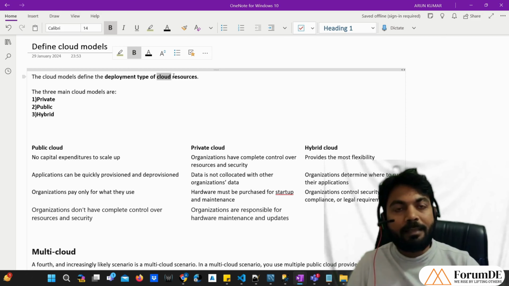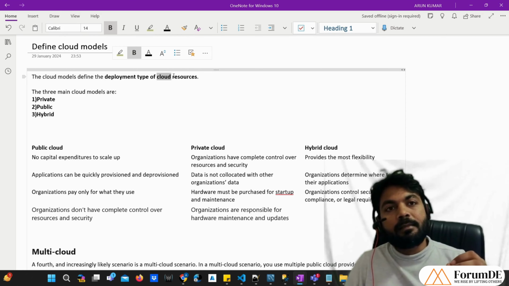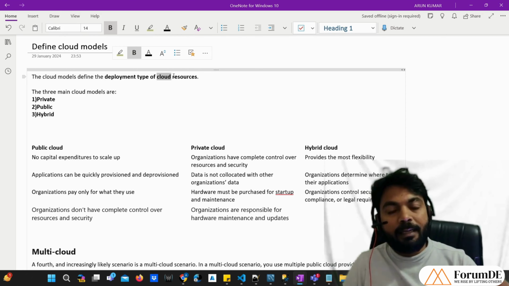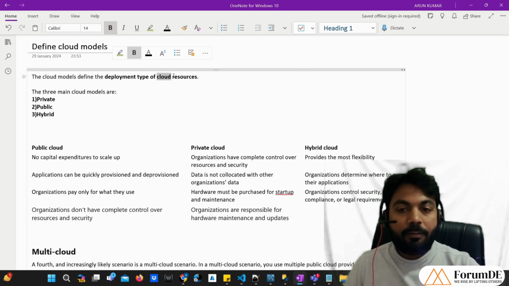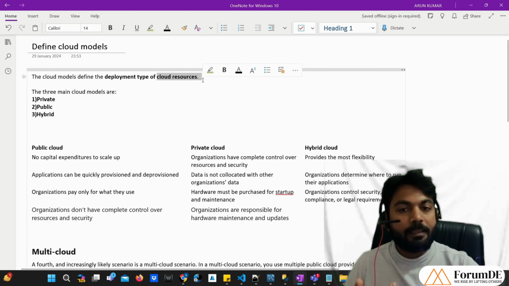If we are able to access those resources through the internet, then we call them cloud resources.